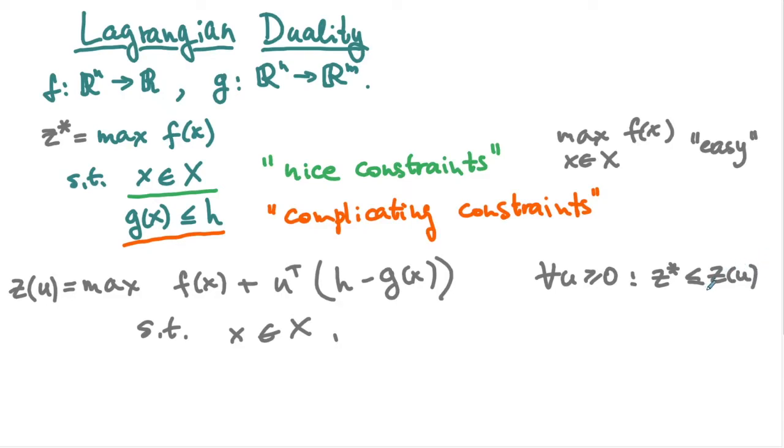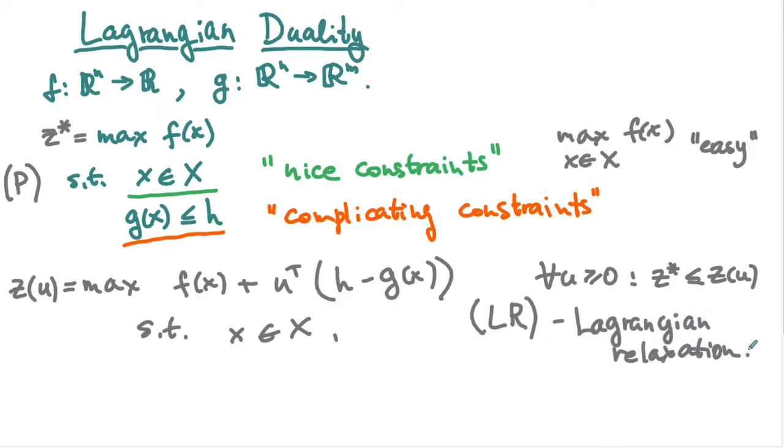Alright, so we call this optimization problem the Lagrangian relaxation of the original problem. So let's denote it by LR and let the original problem be denoted by P. Alright, so this is the Lagrangian relaxation.